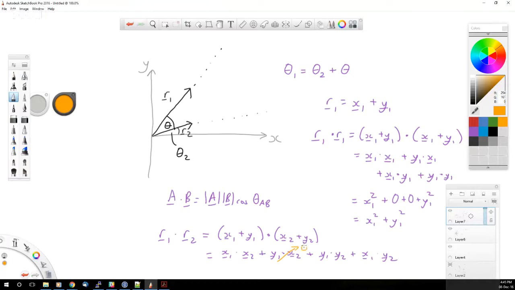These have no angle between them because these are both in the x direction, these are both in the y direction. So we end up with x1 x2 plus y1 y2.